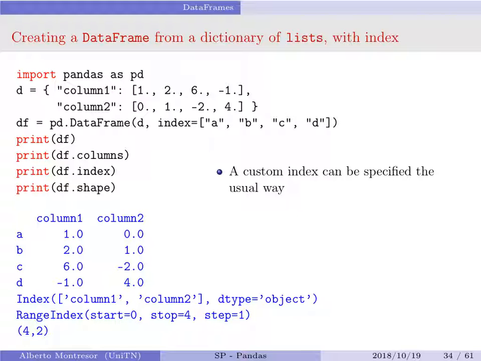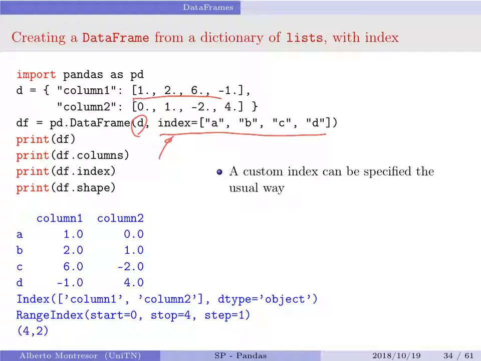Yes, these are two examples in which, when you create the data frame, you can also specify a common index for every column. The idea is that when you create this without specifying the index in the data frame, the index is 0, 1, 2, 3.